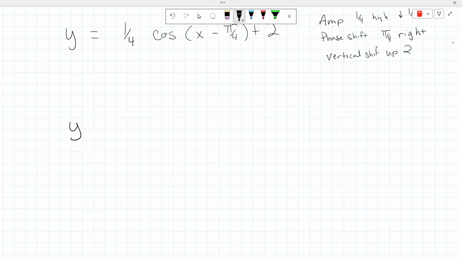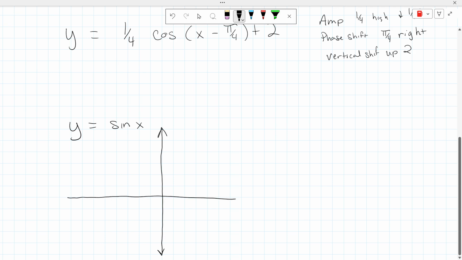Now, we have to know how to graph the sine curve and the cosine curve. So y equals sine of x. Now, I'm going to make every one of these little lines pi over 6.